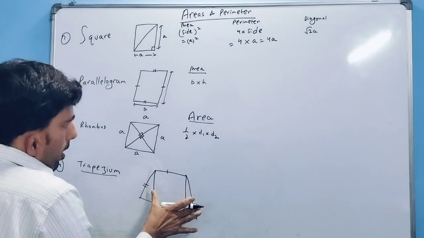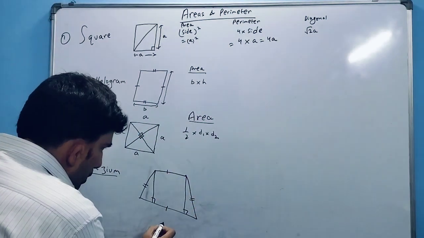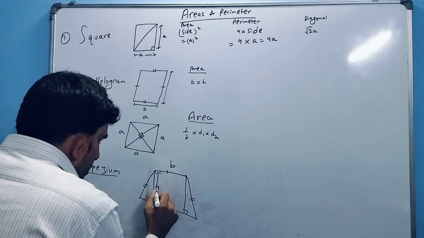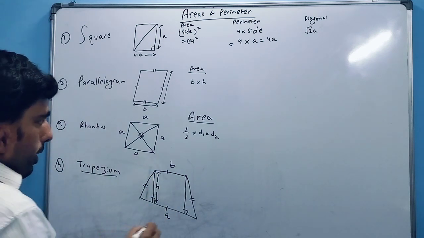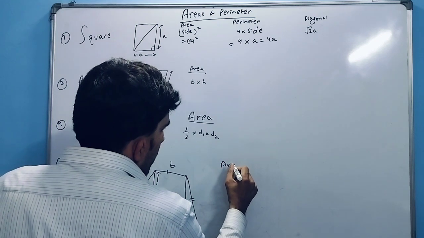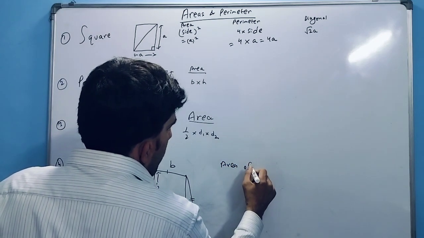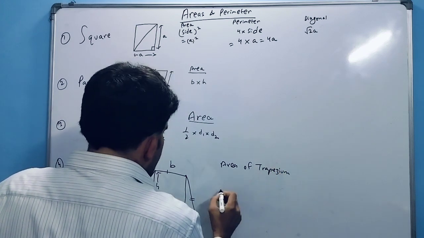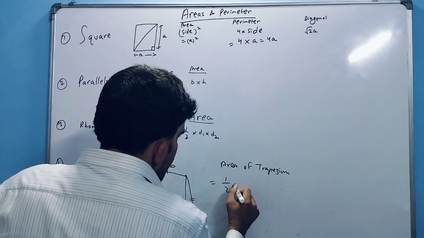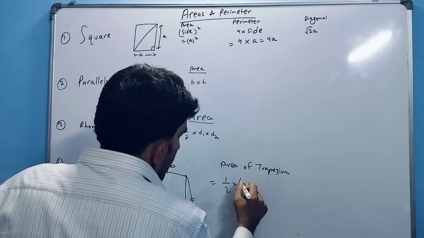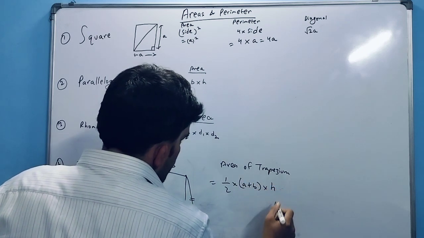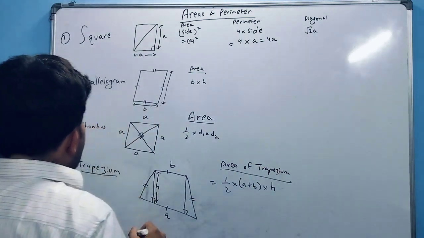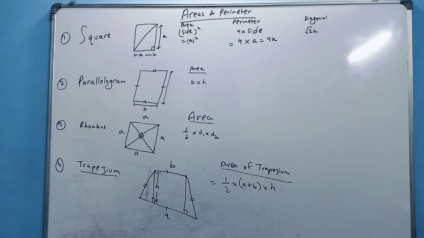These two sides are equal but not parallel. If I write A and B, and that is the height, we can easily find its area. The area of trapezium is half into sum of two parallel sides into height.